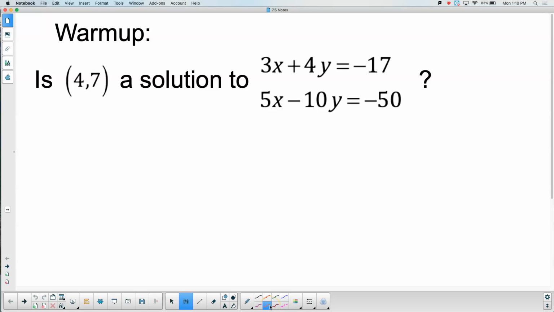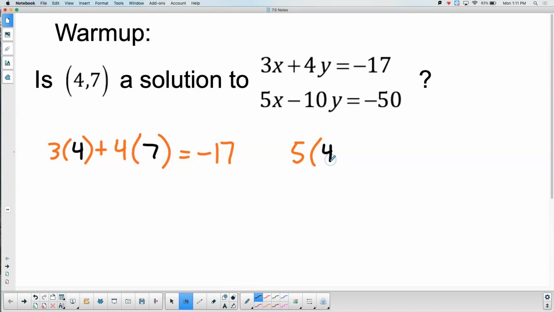So if we said here 3 times 4 plus 4 times 7, that's got to be -17, or 5 times 4 minus 10 times 7, and that's got to be -50.